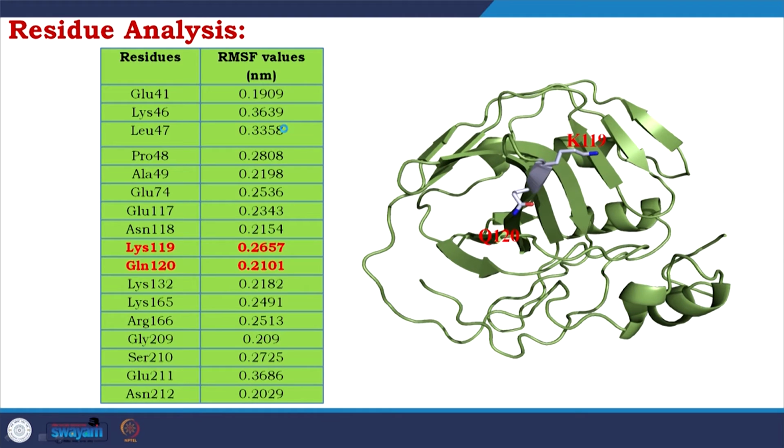We have done individual residue analysis in terms of their fluctuation values.